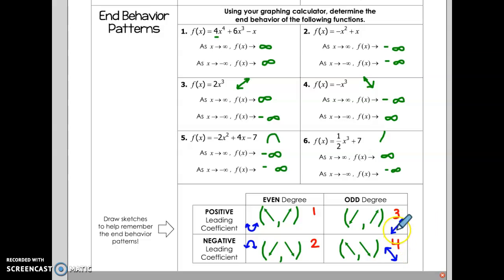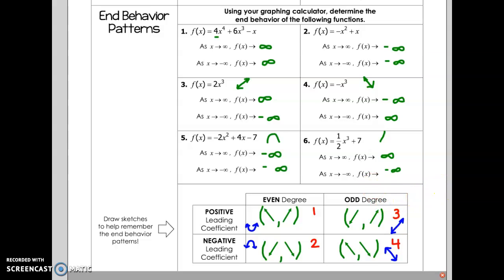Quadratics, think about linear, and what happens if they have a positive or a negative leading coefficient. That corresponds with the family of even degree polynomials: x squared, x to the 4th, x to the 10th, x to the 100th. Odd degrees are going to look like linear, right? x cubed, x to the 5th, etc.